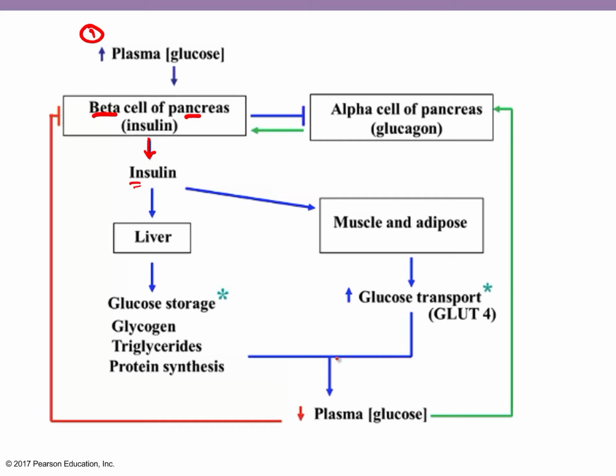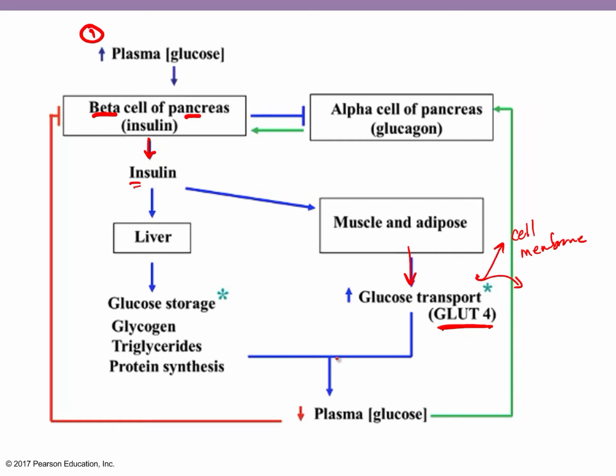The insulin is then going to act on the muscle and adipose tissue to upregulate your glucose transport. So the GLUT4 molecule that is on the vesicles goes to the cell membrane. So it's going to increase the facilitated diffusion of glucose.